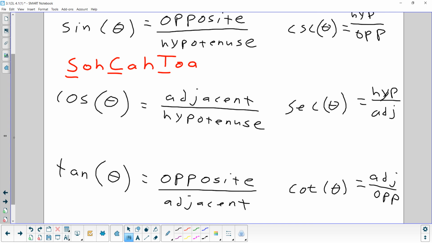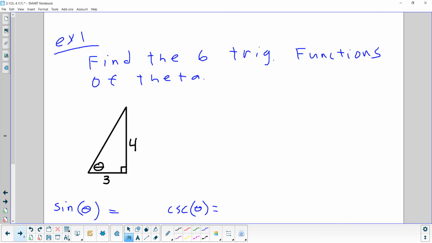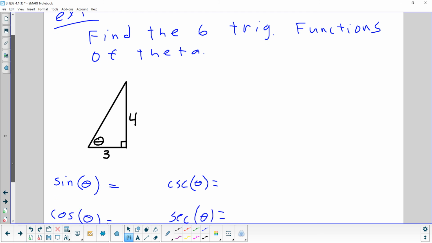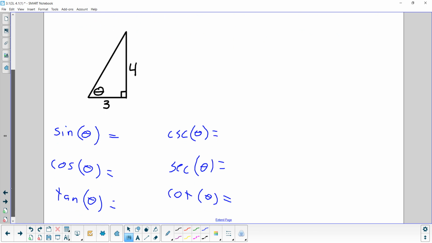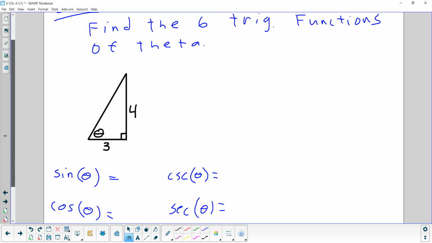So let's try an example where we have to find all 6 of those trig functions. It says find the 6 trig functions of theta. Now, out of the 6, there's 2 of them we could do right now.